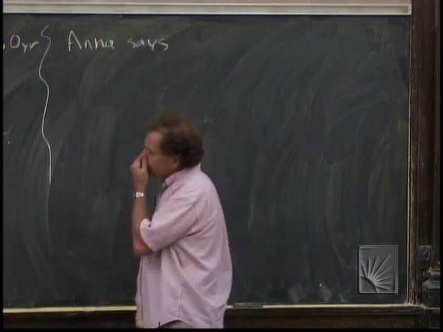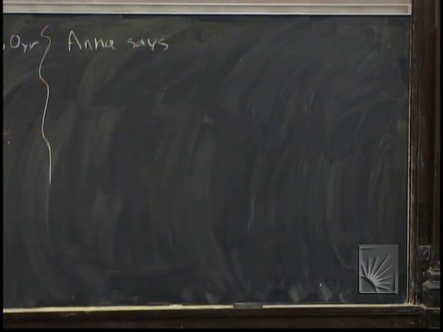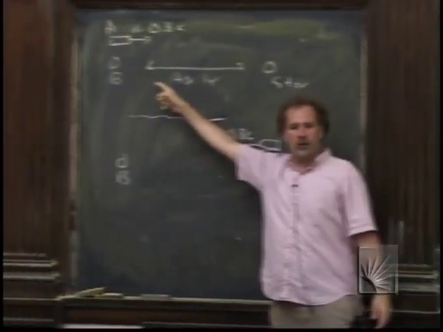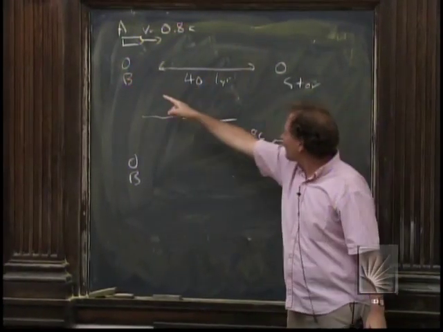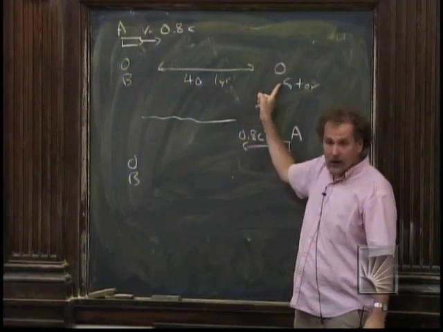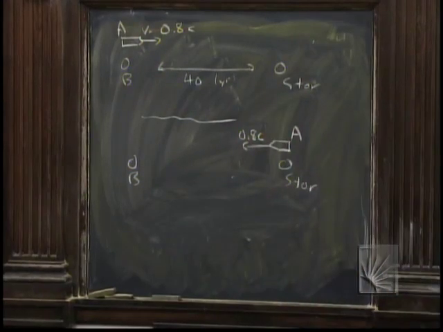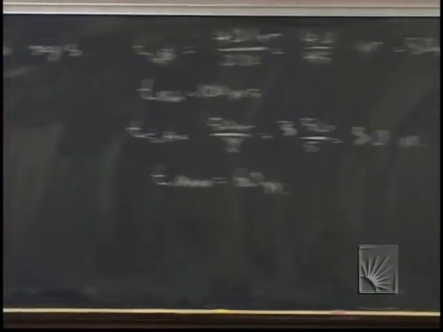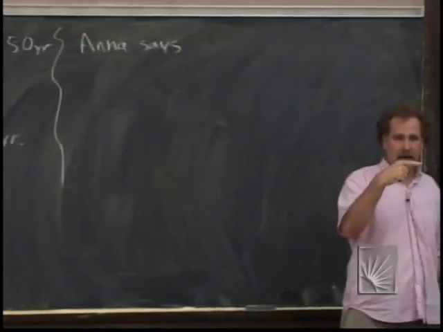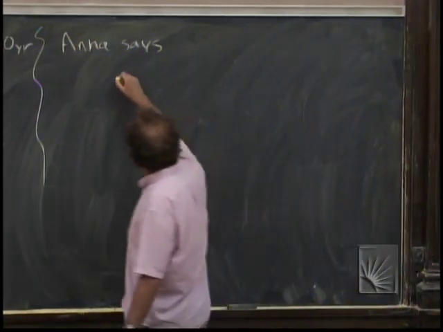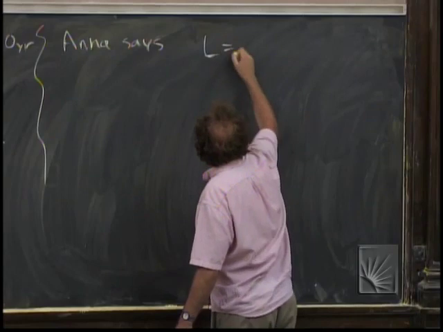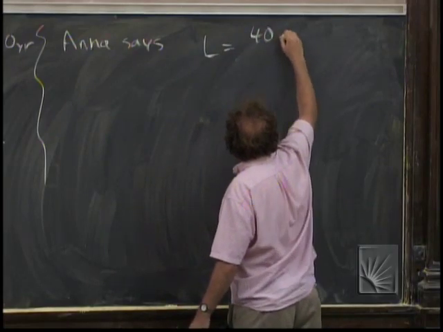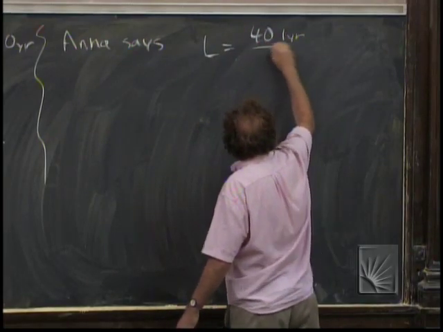So first off, she raced over from the home planet, from Earth, or Tatooine or whatever, to the star, 40 light years. But she's going at 0.8 c, so she sees L, which is 40 light years, contracted by gamma.